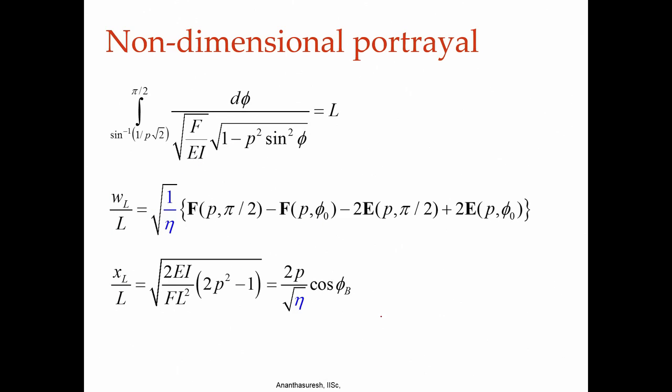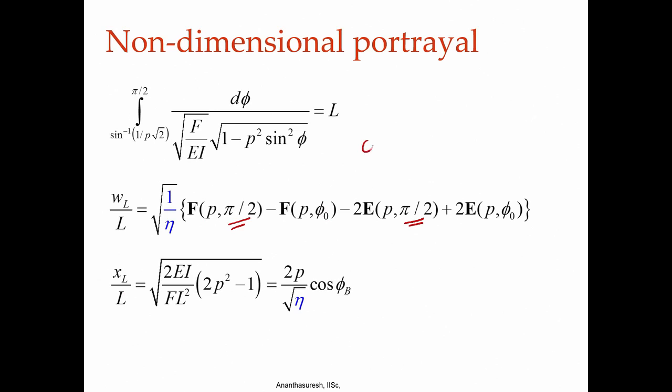Now, if you look at the non-dimensional portrayal again, W L by L, X L by L, we had for the complete one here. So, we have that phi going all the way to pi by 2, starting from phi naught, which is what we had in the previous lecture.